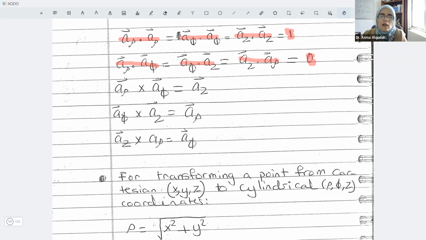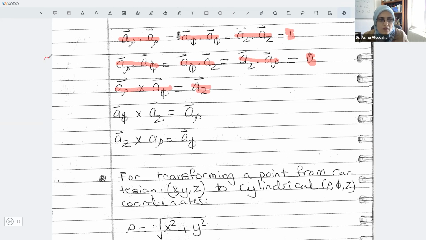And now, if we find the cross product between any two coordinates in the cylindrical system, it should not give me 0. Why? Because again, the angle between any two coordinates in the cylindrical system is 90 degrees. So the cross product between a sub rho and a sub phi should give me a sub z. We follow the same convention as in the Cartesian system.